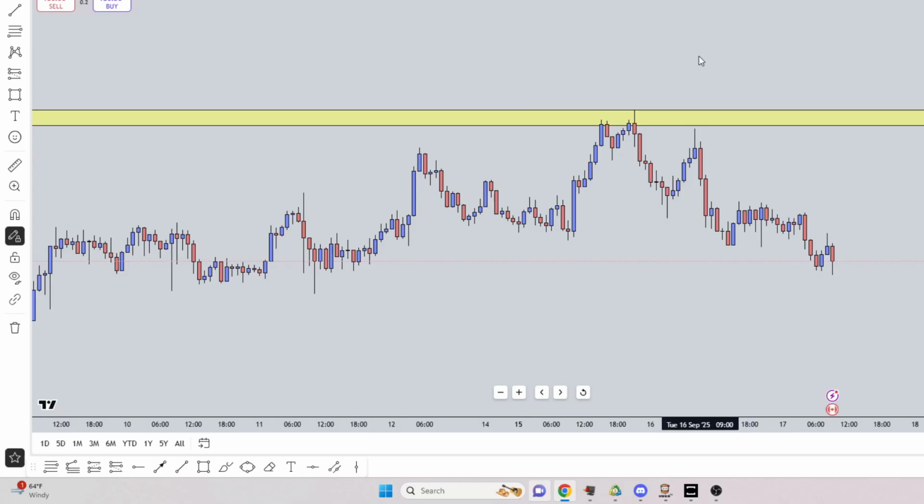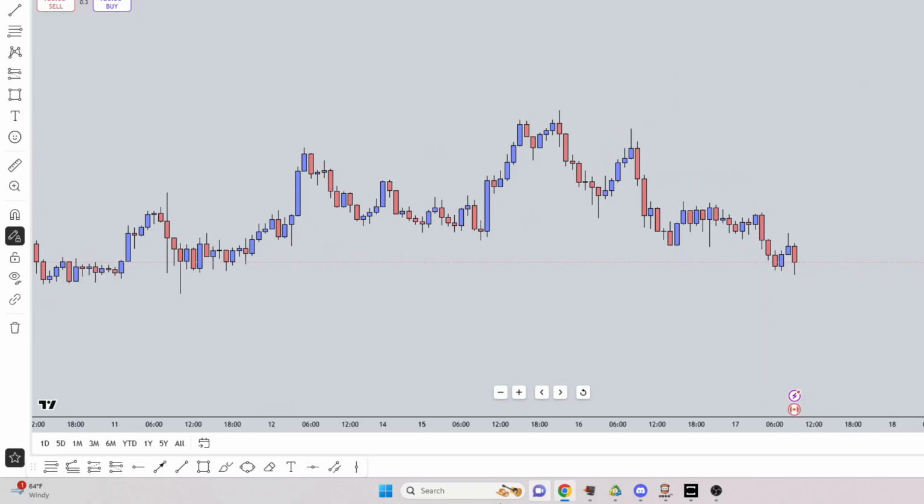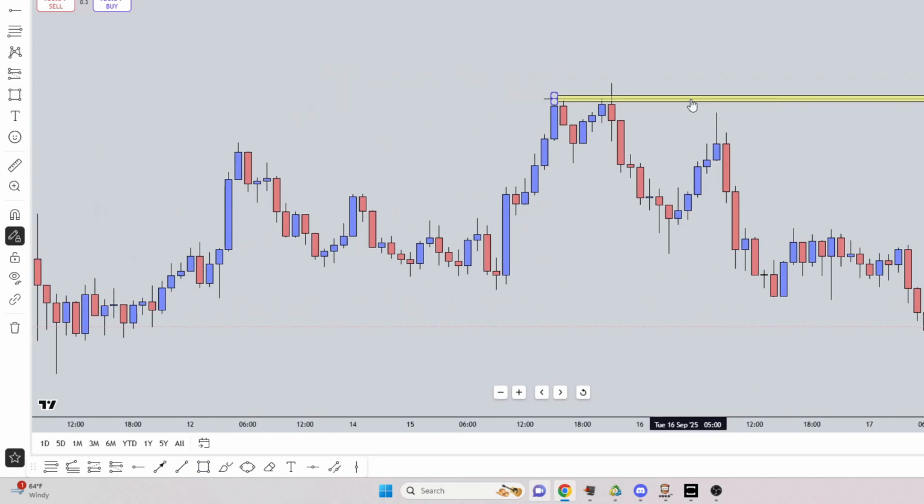We had the idea of a double top at this level of structure. If I go ahead and just draw this so that we can remember, this is a level of strong resistance. And what we had here is a double top. Now, when you have a double top, if you can't see that, let's go ahead and draw that out here.